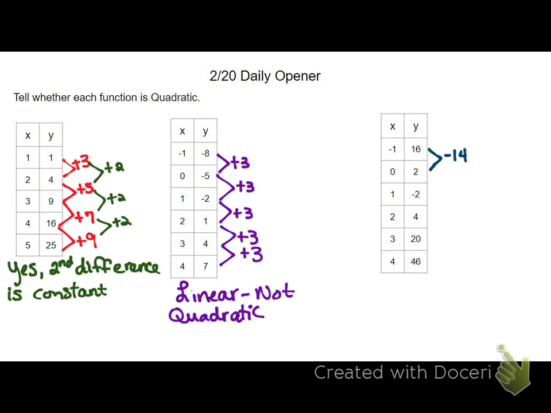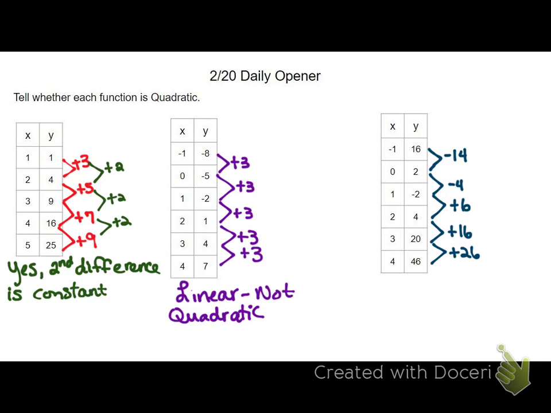Okay, from 2 to -2, minus 4. -2 to 4, plus 6. And then 4 to 20, plus 16. And then 20 to 46, plus 26.